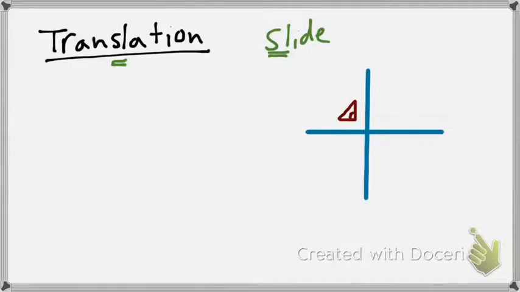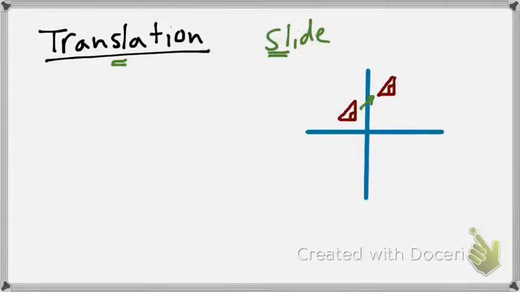If I did a translation up and to the right, well, let's do it right here. That right there demonstrates a translation. It did not rotate at all. The shape itself looks exactly the same. It's the same size. It's the same shape. It's just a different location.